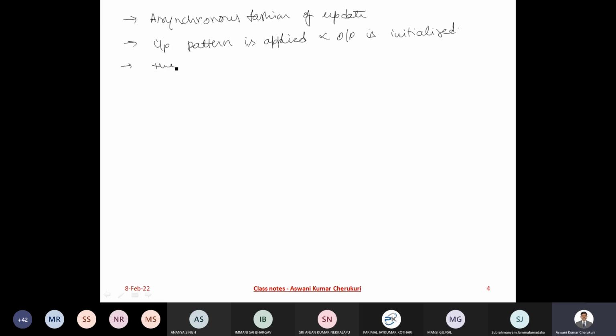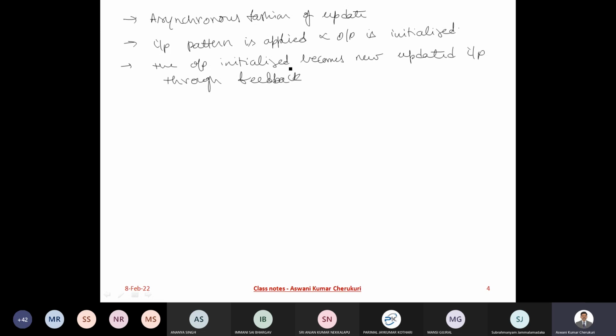Then the output that we initialize becomes the new updated input, right? New updated input through feedback.